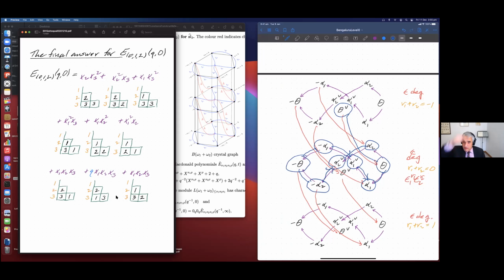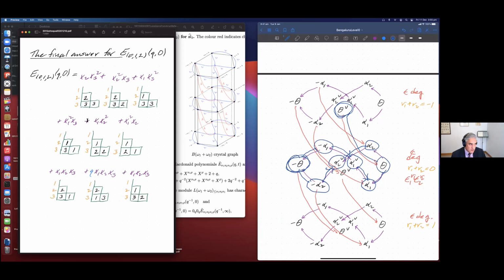And you can see that for the one that was missing, in order to get to this theta from this negative theta, I can't get to it on the same level. I have to change the level, the height in terms of the epsilon degree. And that's exactly the reason why there's a Q in front of this term of the Macdonald polynomial.